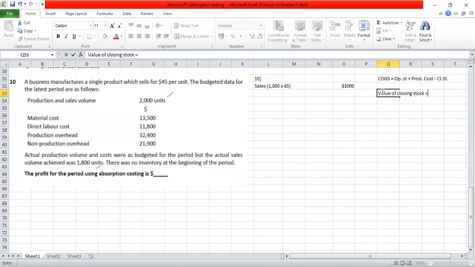Value of closing stock is equal to. How do we calculate what is the value of closing stock? So it is actually a proportionate amount. Proportionally, it has to be calculated.